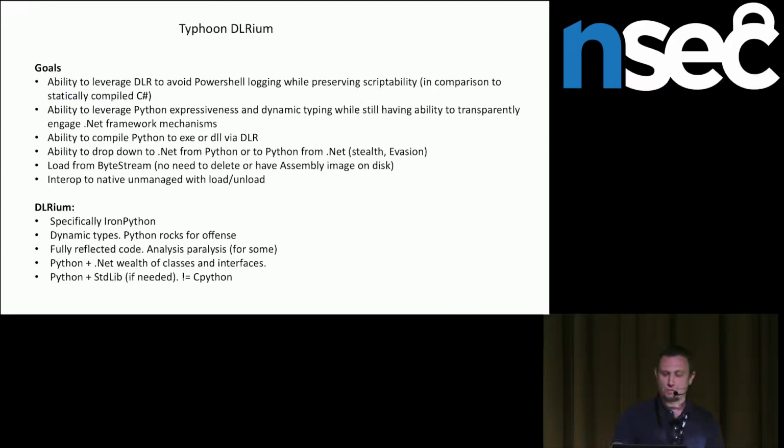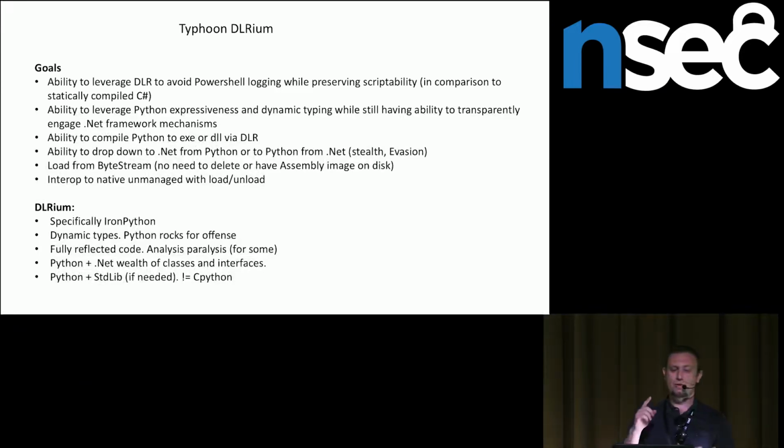So what do we want to do with this? Well, we want to solve exactly the same thing we want to solve with Seesaw. We want to have the full leverage of DLR to compensate for partial deficiencies while managing the .NET advantages. We want to compile Python to EXEs or DLLs if you want to through the dynamic language runtime without artifacts.